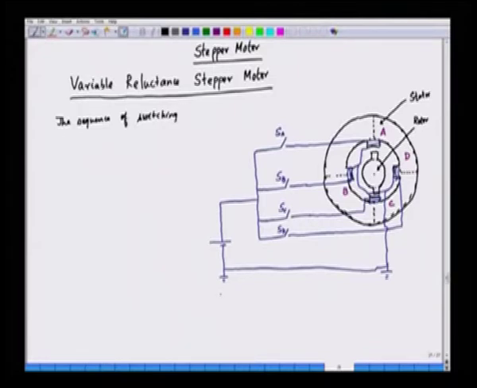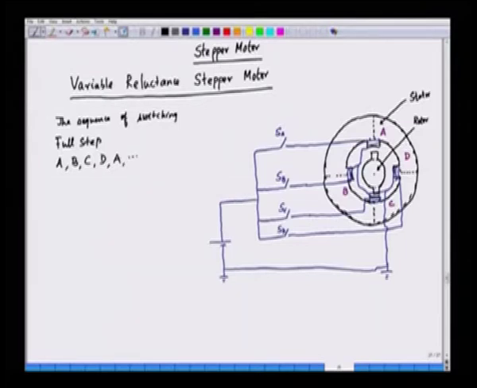The first one is a full step control. So, for full step control, we go on switching A, then B, followed by C, then D, then again A, and so on.